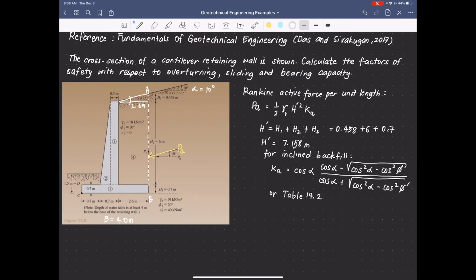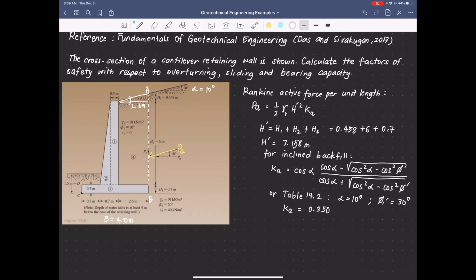So from that table, we can get the value of K sub A, which is equivalent to 0.350, having an alpha equals 10 degrees and an angle of friction equals 30 degrees. So you can either use the formula or you can use the table.